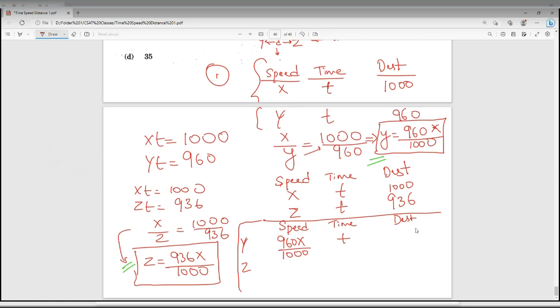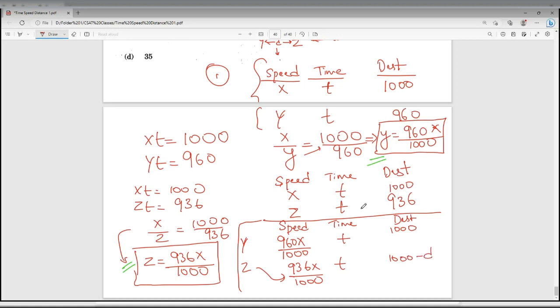So this is 1000. And z is, we have z 936 x divided by 1000 into t. This is 1000 minus d.